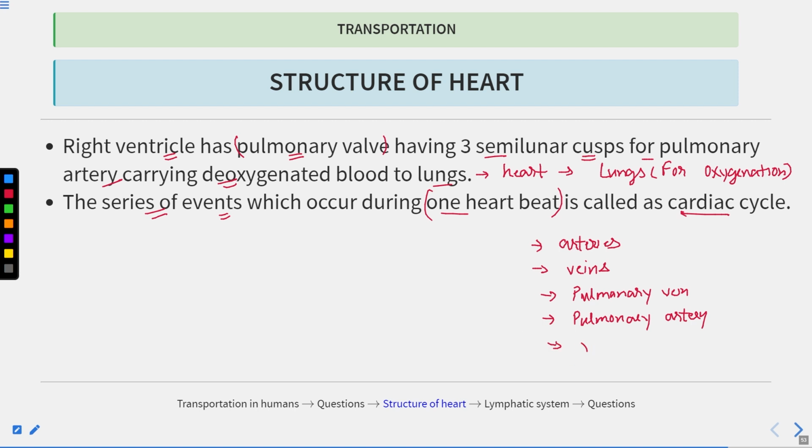Then you should note the valves, what kind of valves are present in the chambers. Then you should know about the septum, where the septum is present. Then you should know about the apertures, and then you should also know about the flow of the blood, where blood is entering and where blood is exiting. All right, so we have seen the atria receive the blood, and the ventricles pump the blood towards the body organs. So you should remember all these terms.